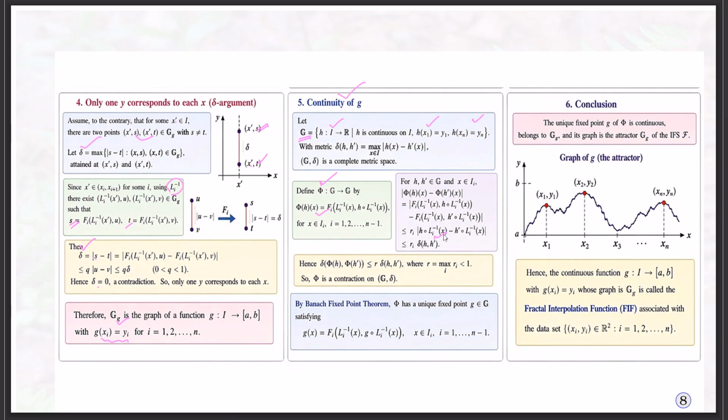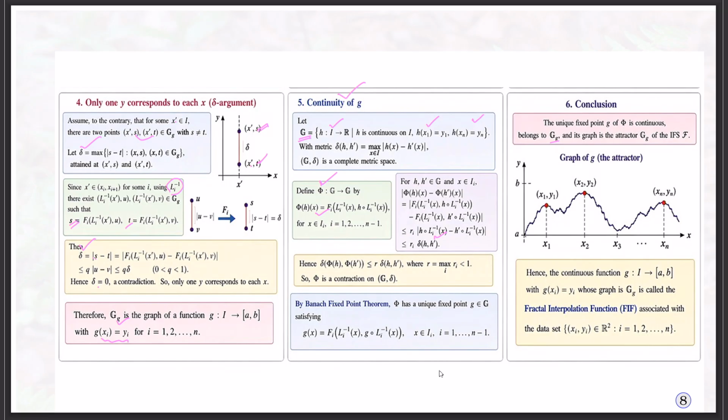That unique fixed point we can call G, and G satisfies the self-referential equation. The unique fixed point G is continuous, belongs to the space, and it is the graph of G of the iterated function system.